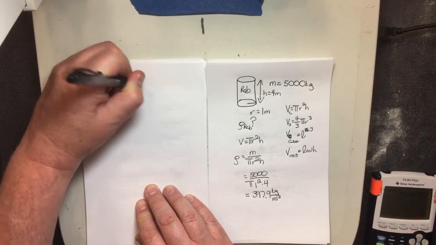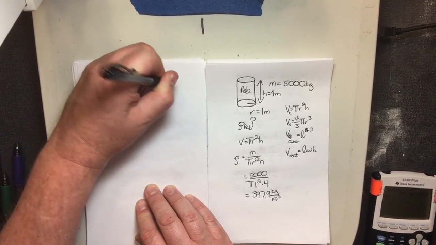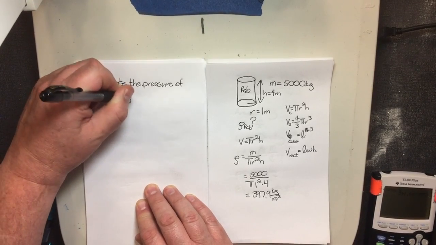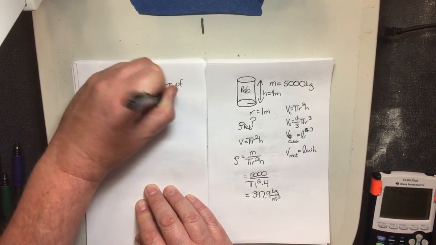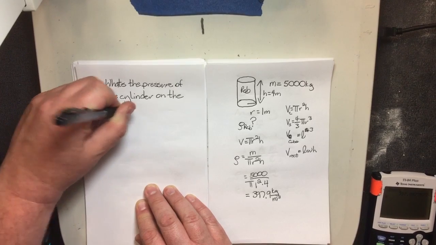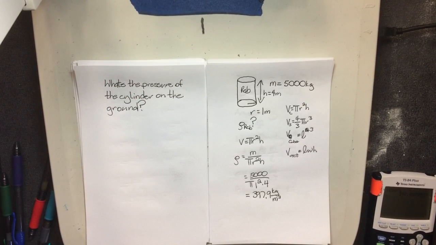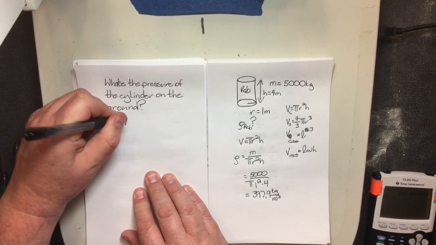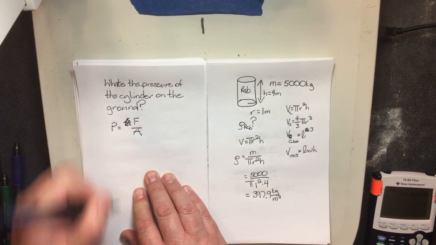What's the pressure of the cylinder on the ground? Now pressure is force divided by area.